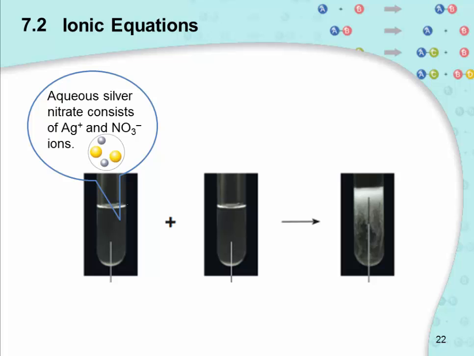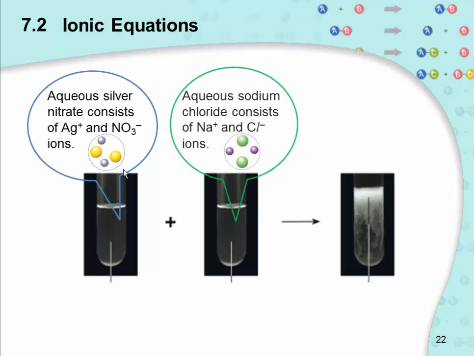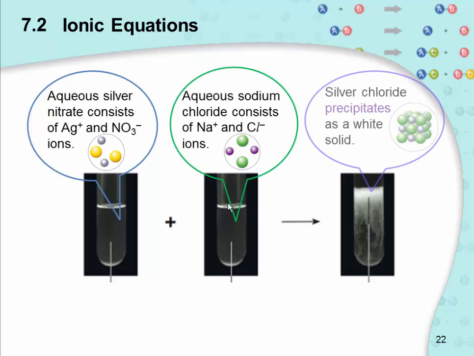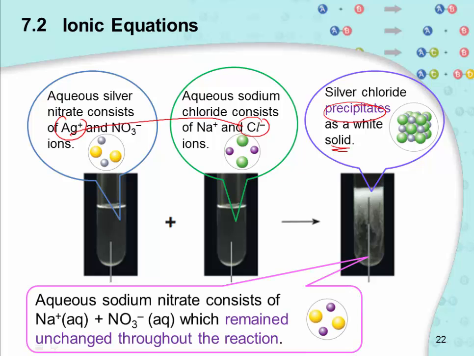Now, silver nitrate and sodium chloride. What happens is that when the silver and the chloride come together, they join together to form a precipitate. Precipitates are insoluble solids, the white solid that's formed. So when silver and chloride combine, they form silver chloride. This is an insoluble precipitate.